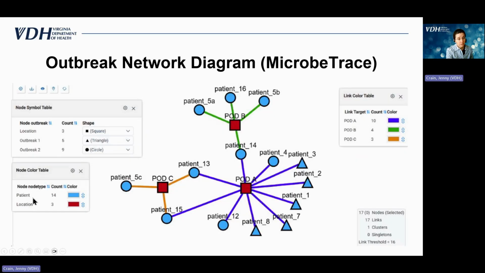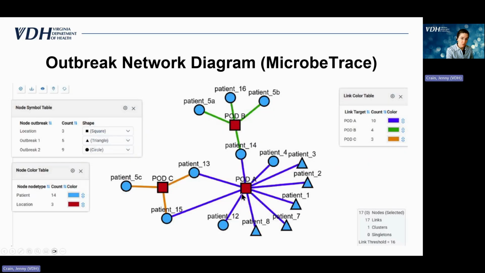And what we have done with the colors of the nodes, just to make sure it's clear, the locations are in red, pods A, B, and C, and patients are in blue. The link legend over here on the far right helps you understand which patients were associated with which pod. So in pod A, we have outbreak 1 patients represented with the triangle in blue, and outbreak 2 in circles.